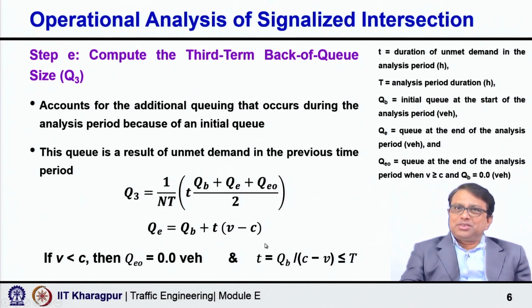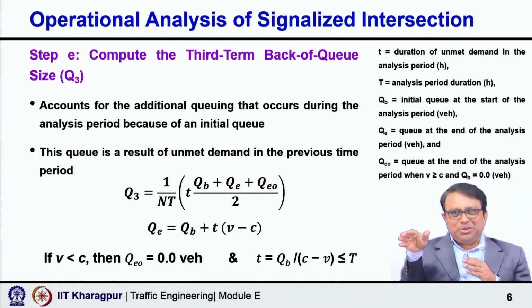Now, suppose the duration of unmet demand is greater than the analysis period T. Yes, there is a difference, my discharge or capacity is higher than my demand. So obviously, the QB will start reducing.